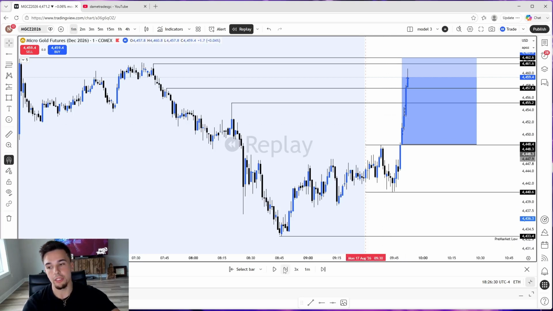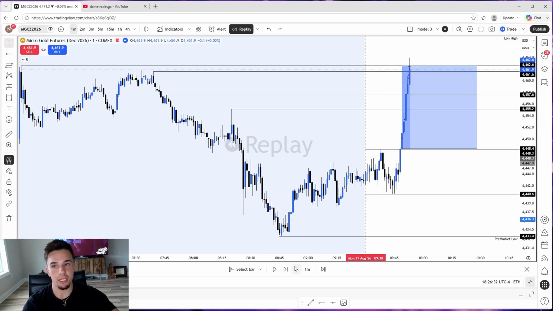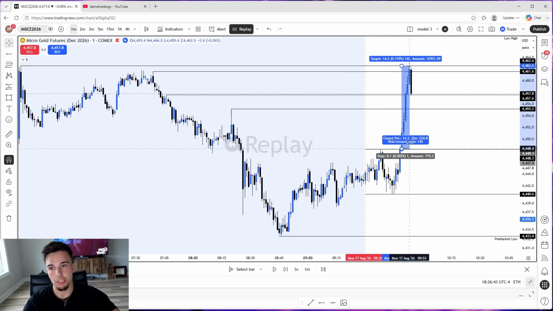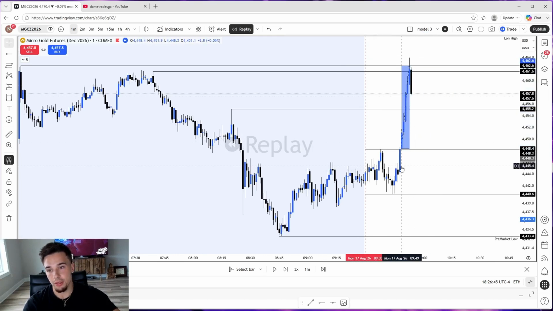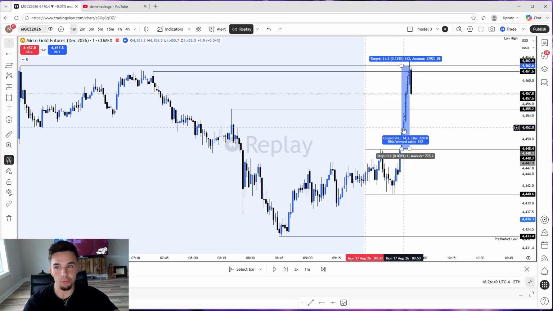Today was very clean market structure, very clean price action. We actually ran through all 4 of these draws on liquidity, one after another, and it was a great setup, a great entry, and a great execution. You would have been in and out of the market today from 9:49 until 9:53, and you would have tackled 14.2 points.